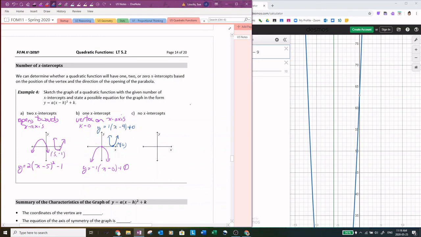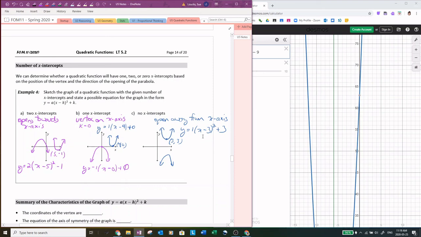And to have no x-intercepts, it would open away from the x-axis. So it could be here like this, or it could be here like this. So this one, if this was at (3, 3), this would be y equals 1 times (x minus 3) all squared plus 3.